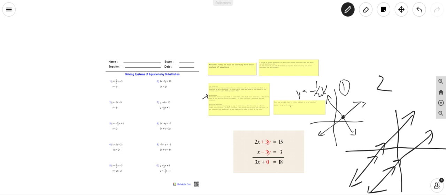So basically, if it was 2x minus 1 and 2x plus 2, these would never intersect at all since the slopes are the same and the intercepts are different. It would not be possible for them to intersect because they are going up by the same amount.